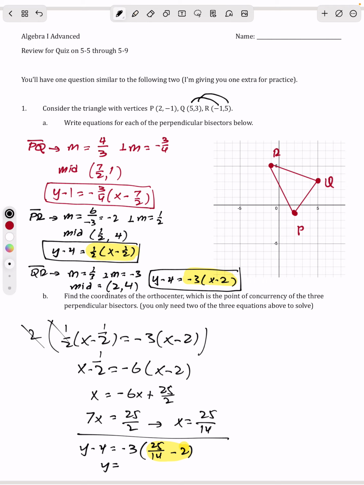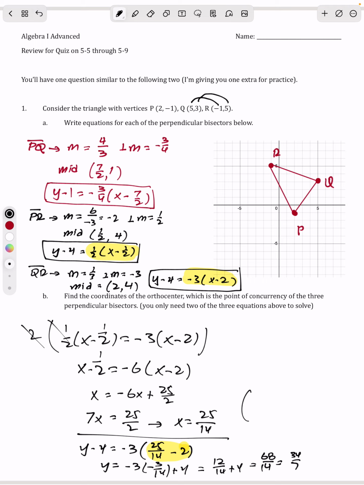So doesn't this become negative 3 times negative 3/14 plus 4? This is 12/14 plus 4. There are 56/14 in 4. It's 12 plus 56. 68 over 14 or 34 over 7.